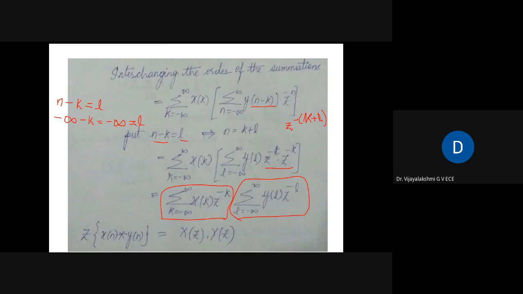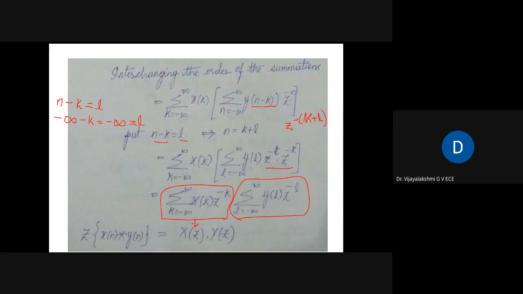So the first one, you have summation of k varying from minus infinity to plus infinity x of k into z power minus k. It is exactly the z transform equation, but instead of n I have k here. So I can write this as x of z.